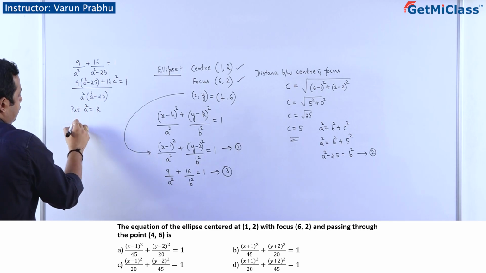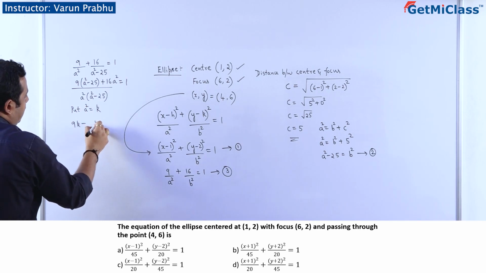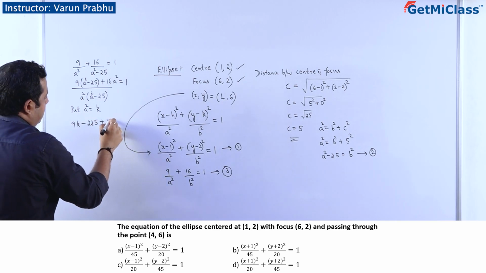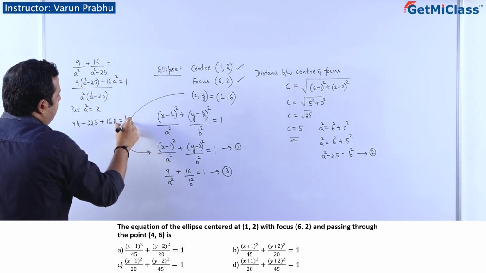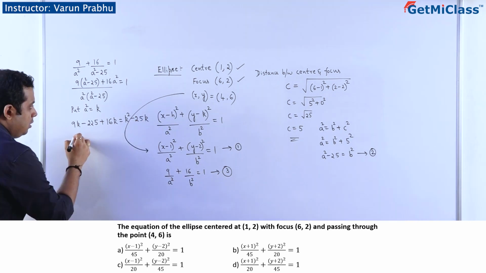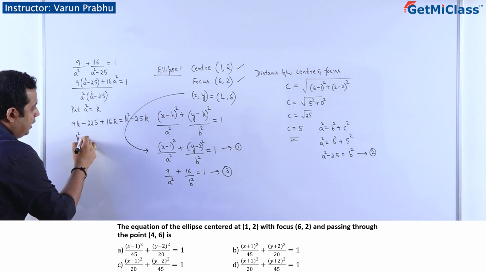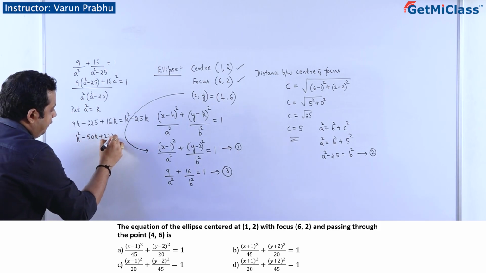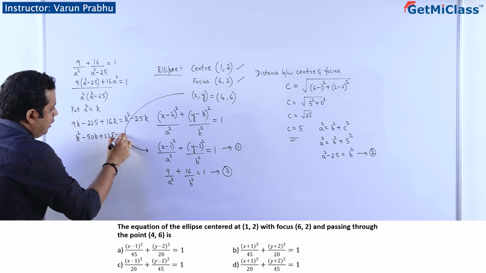So 9 times (k minus 25) plus 16k is equal to k square minus 25k, correct? So we'll get k square minus 50k plus 225 is equal to 0.